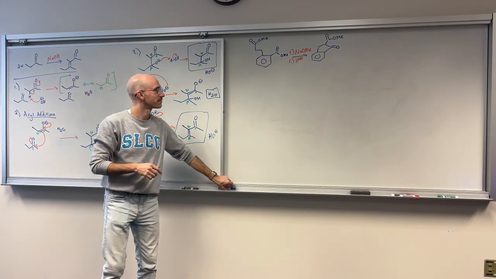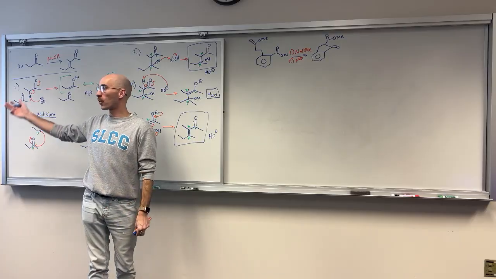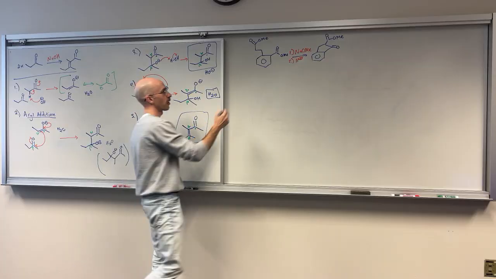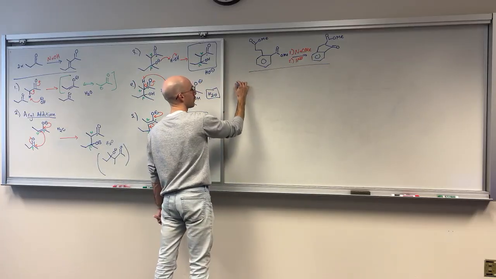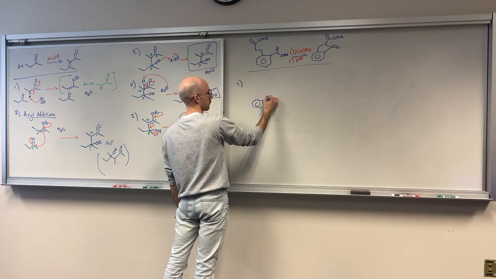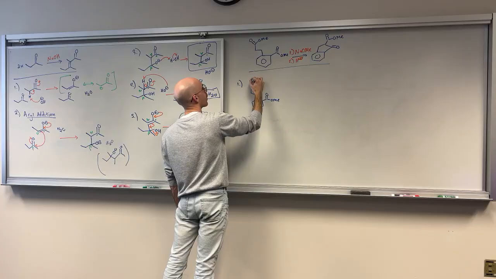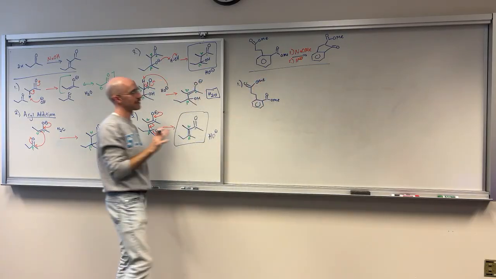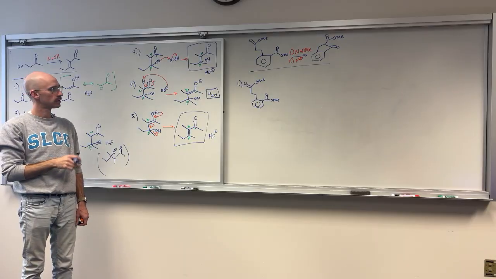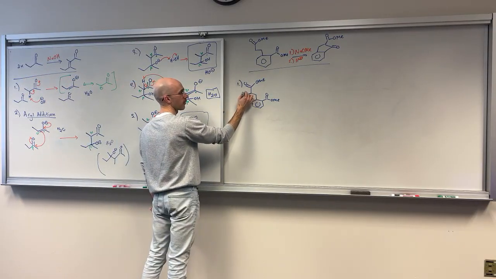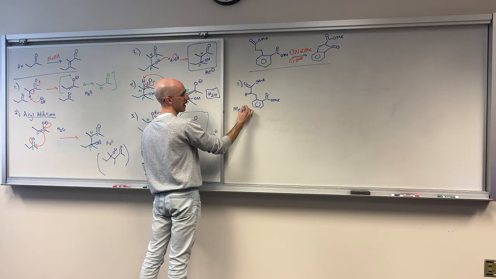H+ looks better. All right, first step, formation of the enolate. That means identifying the alpha carbon. How many alpha hydrogens could I possibly eliminate from? There are 2 alpha hydrogens, at the same position. So I'm going to show one of those hydrogens and my base, MeO minus.